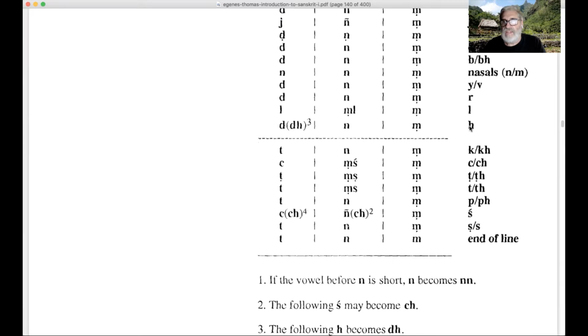What happens to the H is what we call reduplication. It becomes DH, the mahaprana, the aspirated version, with more air, of this letter dental D. So it becomes DDH.